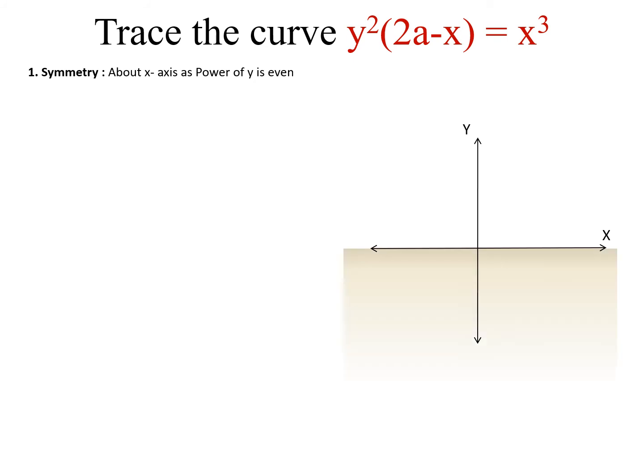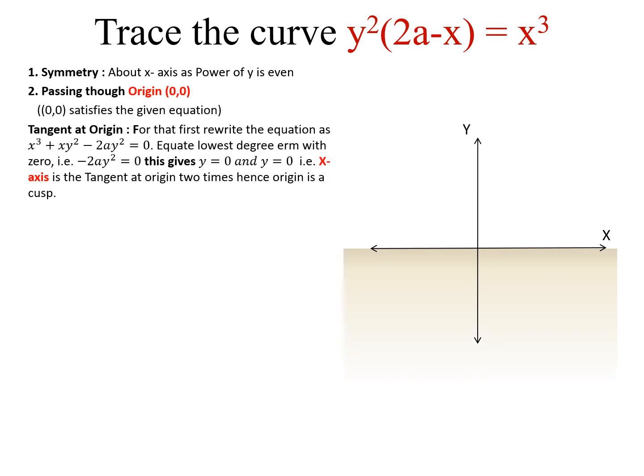Okay. Now come to rule 2. So rule 2 is about origin and tangent at origin. So here if we put x equal to 0 and y equal to 0, it is satisfied by 0 0, as the curve is passing through origin. Now if it is passing through origin, we have to find out tangent at origin. So we will rewrite our equation by separating the degree terms.